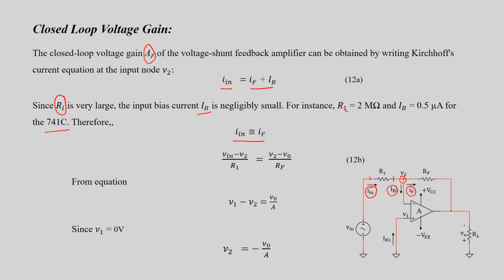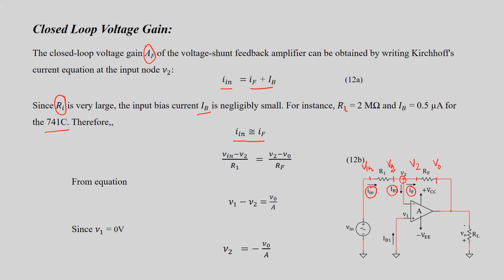So we can write the voltage across the resistance as Vin minus V2 divided by R1. So this is the current In. Similarly, we can write V by R equation for RF. Now here the voltage across RF is V2 minus VO, and the current becomes V2 minus VO divided by RF.